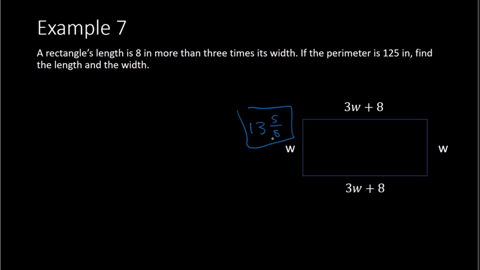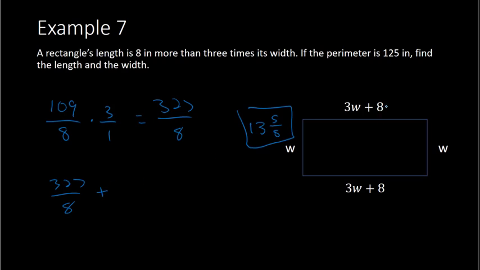So 13 times 8 is 104, plus 5 is 109 over 8. So take what I had, the 109 over 8, multiply it by 3 over 1. So that would give me 327 over 8.